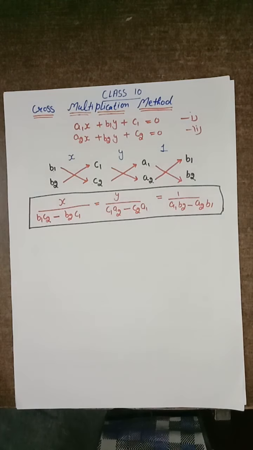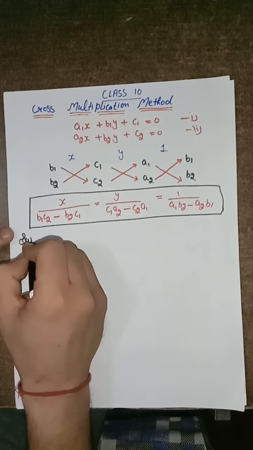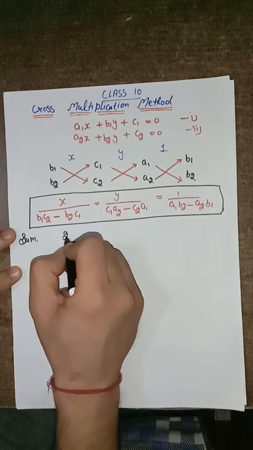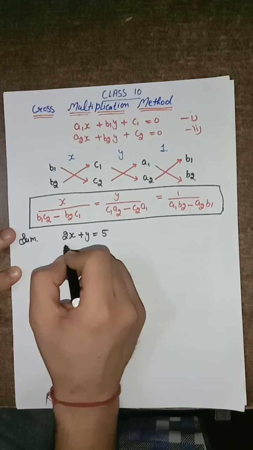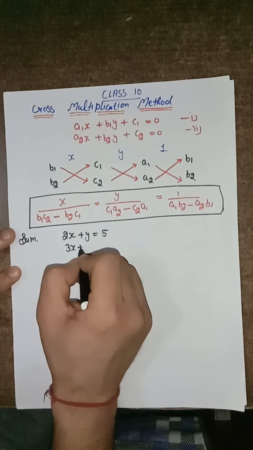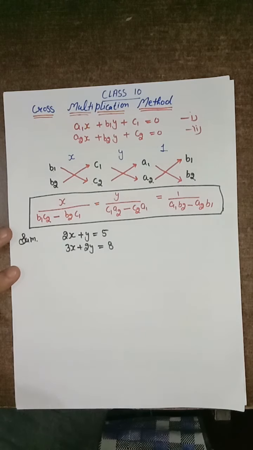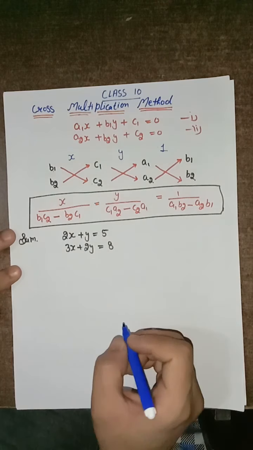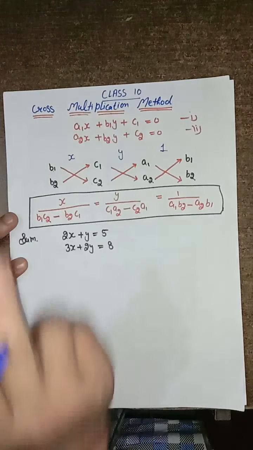Now take an example. Here my sum is to solve the equations 2x plus y equals 5 and 3x plus 2y equals 8. First step is to write the equations in general form.